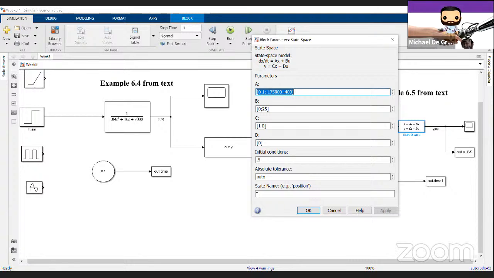So what's A? Well, we just found A. A was 0, 1, minus 175,000, minus 400. Remember in MATLAB, when you want to end a row in a matrix, you use the semicolon, so 0, 1, semicolon tells it to go to the next row. B is 0, semicolon 25, C is 1, 0, and D is just 0.